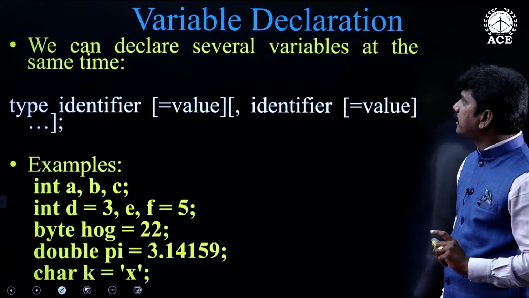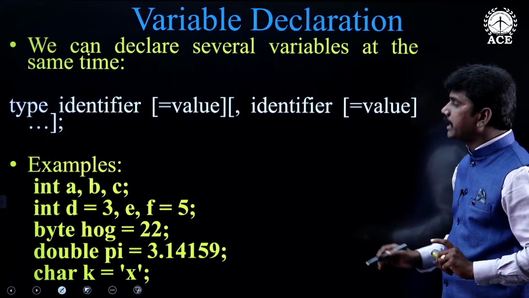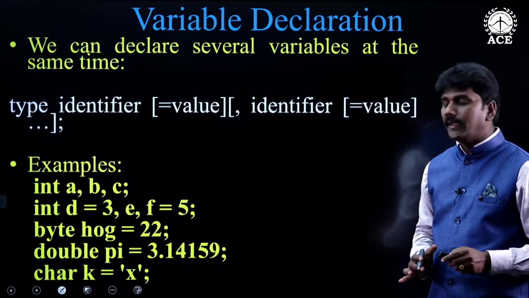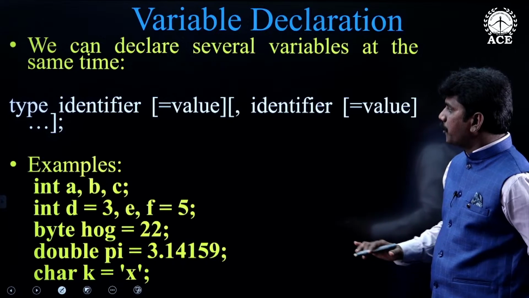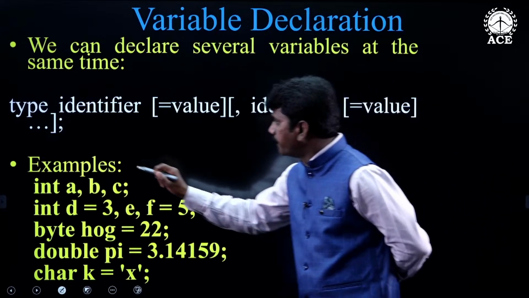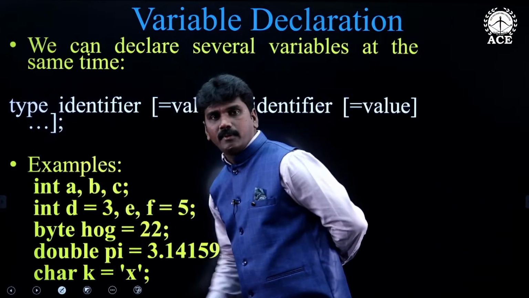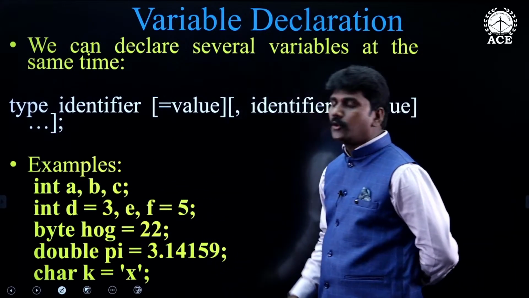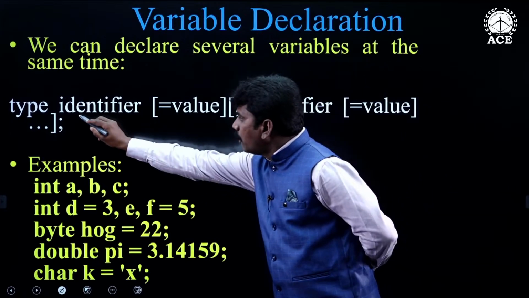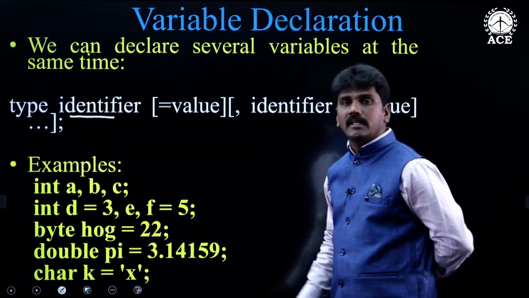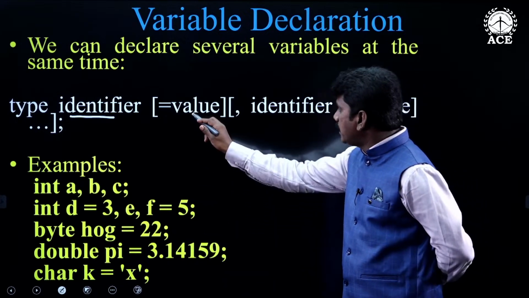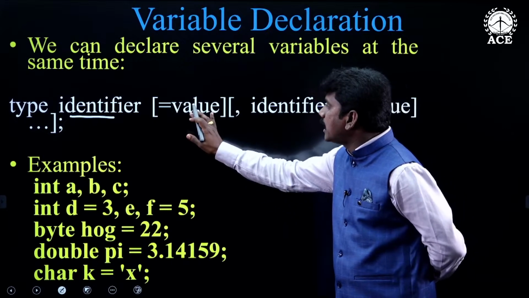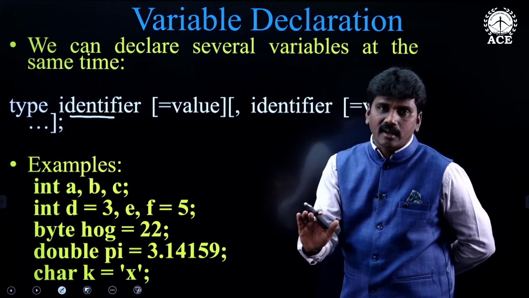Before going to local variables, whether variable declaration with multiple variable names at a time is possible or not, we can see that and later we will see. First is the type, the data type we have to use, and identifier is equal to value. Here identifier is nothing but the variable name, is equal to value enclosed in square brackets, which is optional, whether you assign or not.